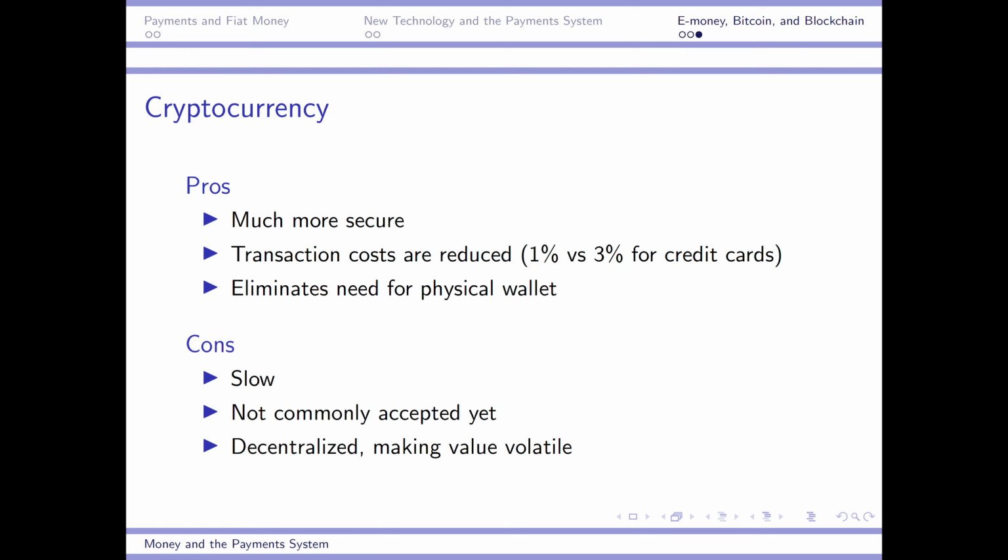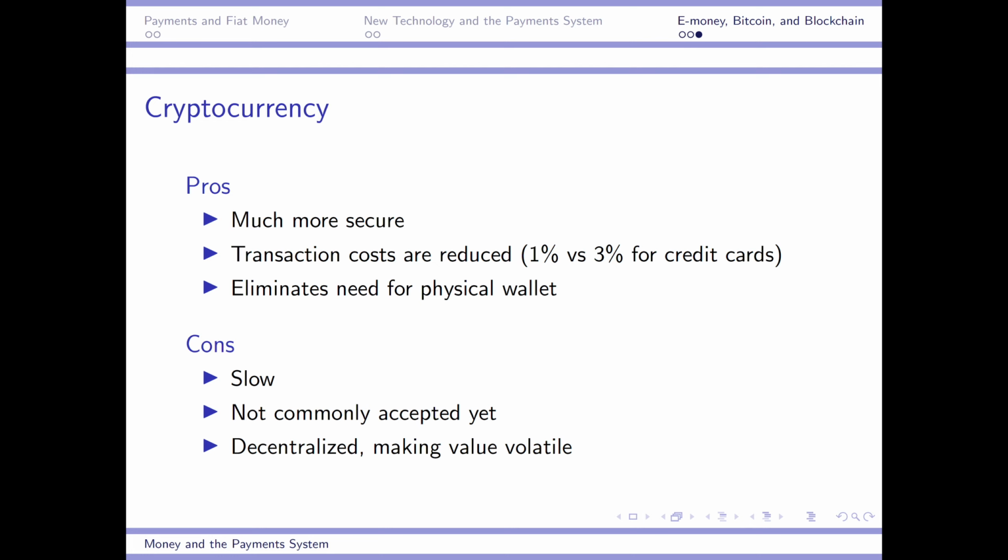Then finally, one of the biggest barriers to making it a type of money is that it is decentralized, making it extremely volatile. 2 days ago, the value of Bitcoin dropped by 20%. And you don't want to wake up at 8 a.m. and say that you're going to pay your rent in the evening, and then when you do in the evening, find out that the amount of cryptocurrency of Bitcoin or whatever that you have has dropped by 20%.